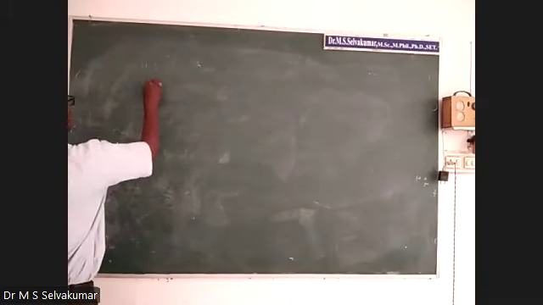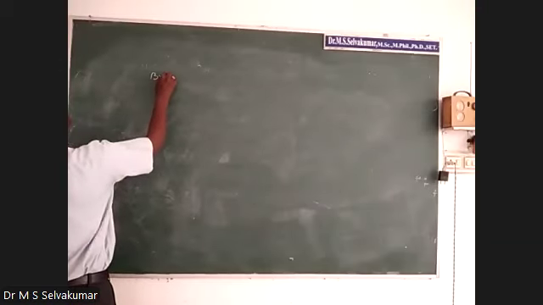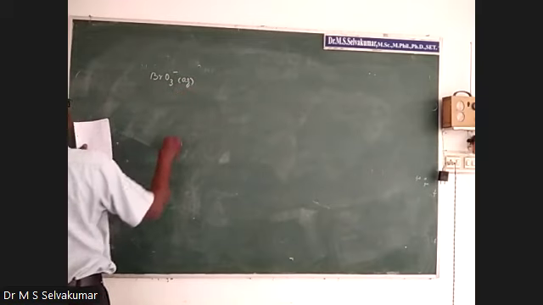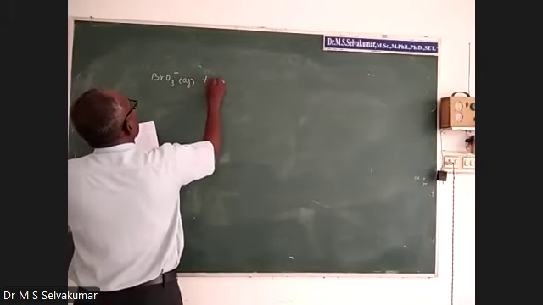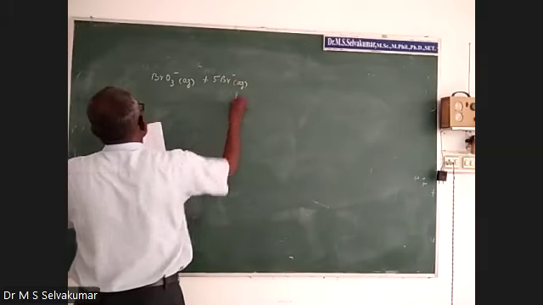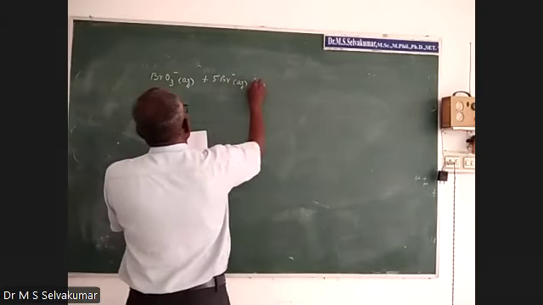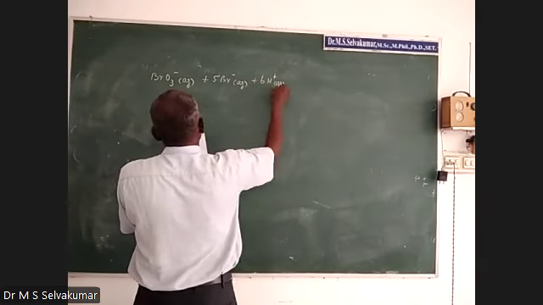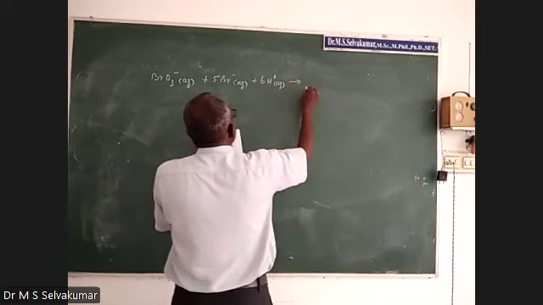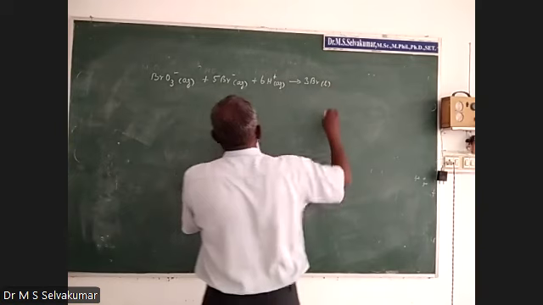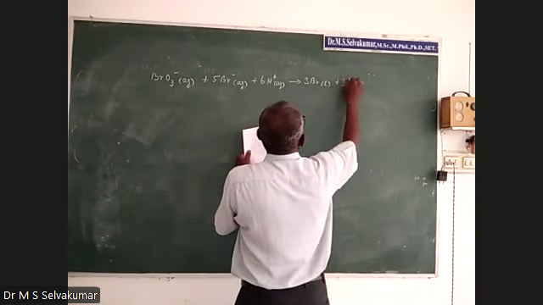Now in the reaction, BrO3 minus aqueous plus 5 Br minus aqueous plus 6H plus aqueous giving bromine liquid and water liquid.